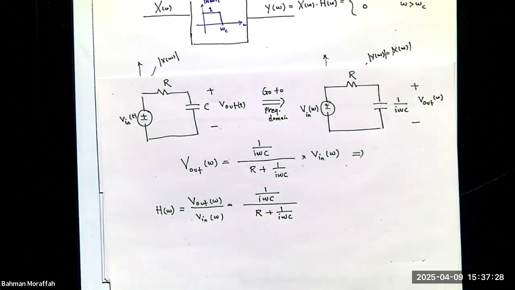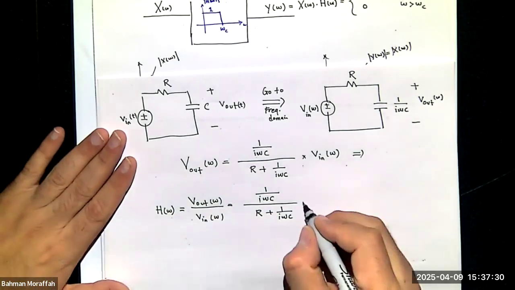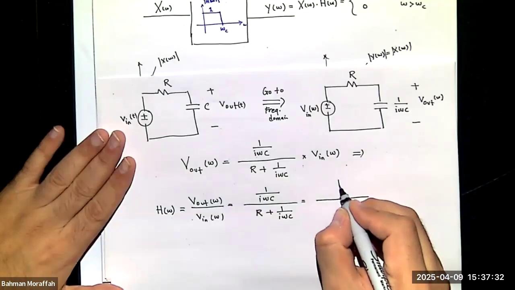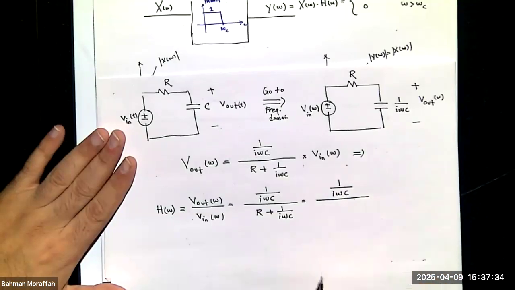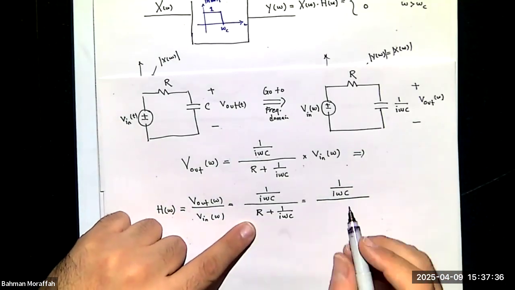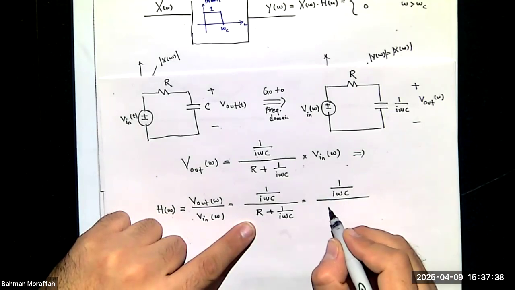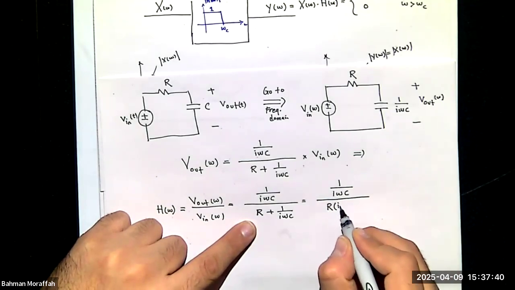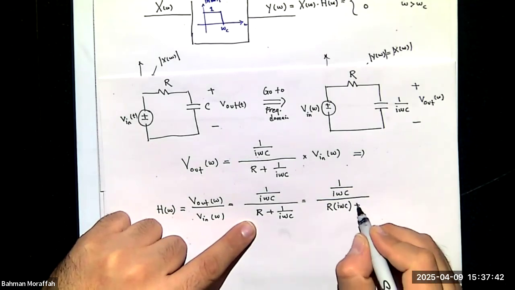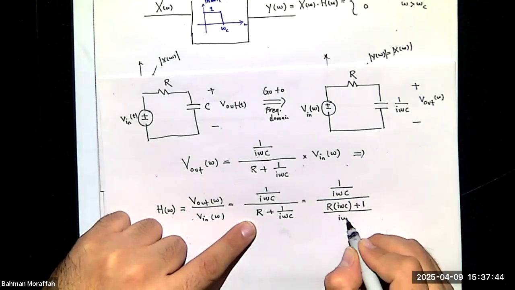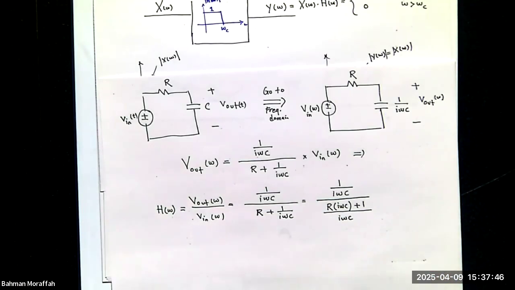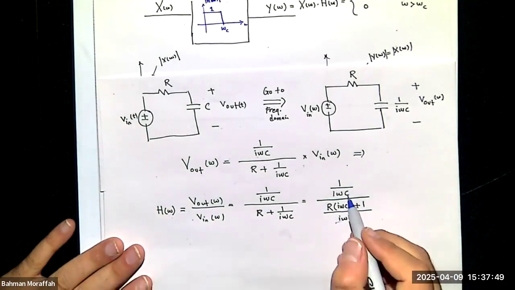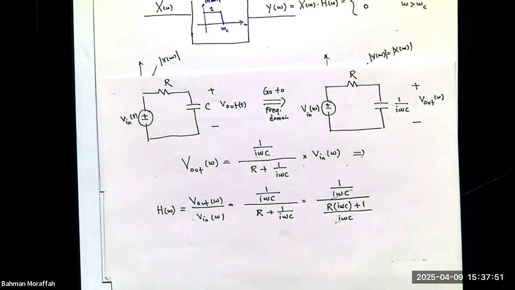Let's simplify this a little. I'm going to keep the numerator as it is. I'm going to find a common denominator over here. So I have R times i omega C plus 1, divided by i omega C. This i omega C and this i omega C cancel each other out.